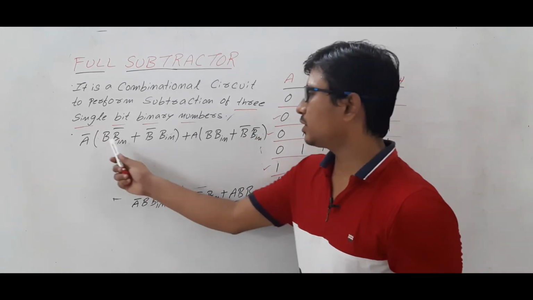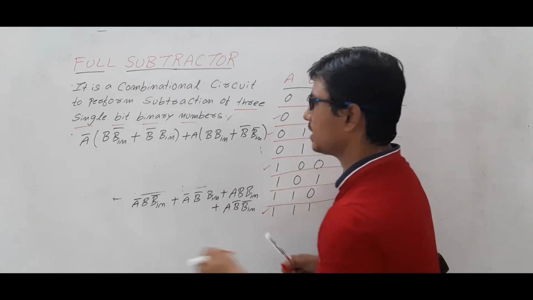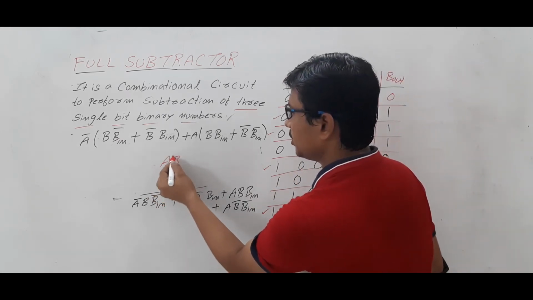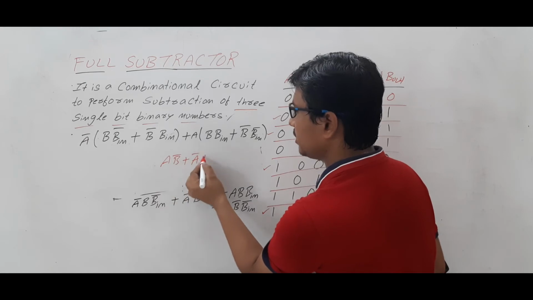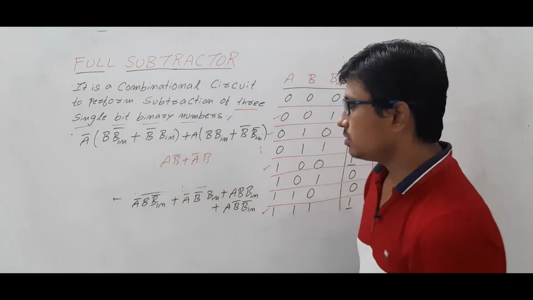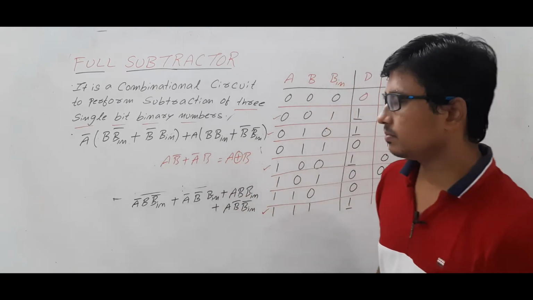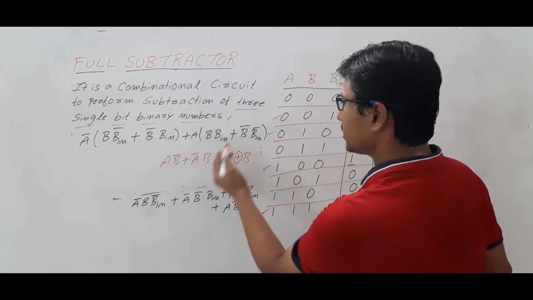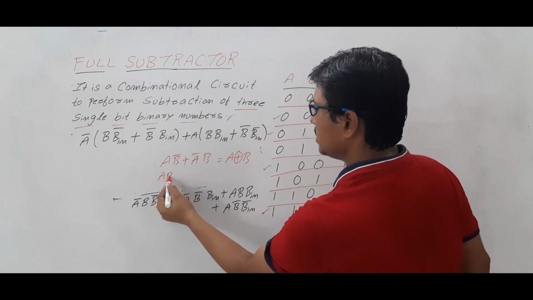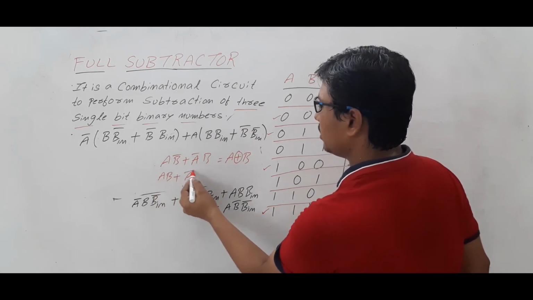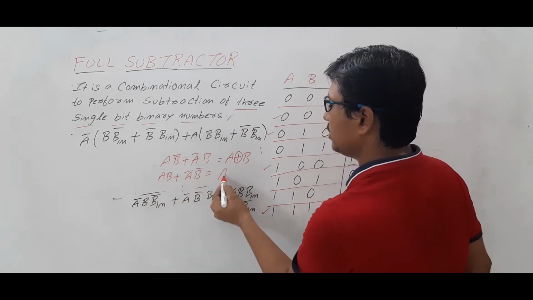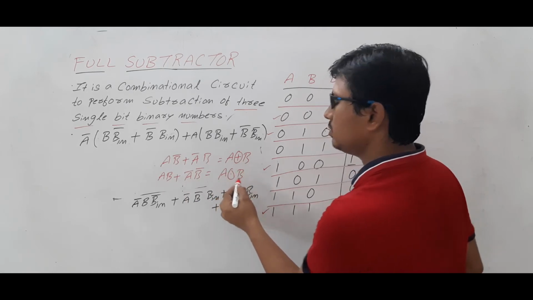Now this one is looking like what? This is looking like A B complement or A complement B. Am I right or wrong? So which is nothing but A exclusive OR B. Is it clear? Similarly, if you take this one, this is looking like AB or A complement B complement, which is equal to exclusive NOR.